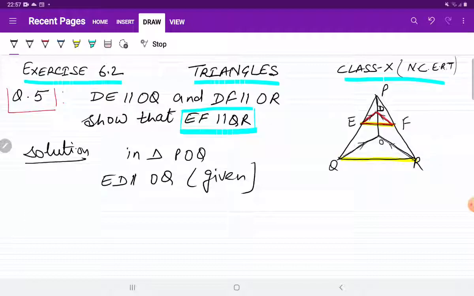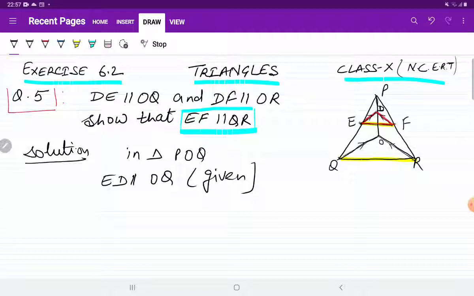If two sides are parallel, which theorem can we apply? We already discussed it in so many questions in my previous lecture. If a line is parallel to one side and cuts the other two sides at two distinct points, E and D, then the other two sides are divided in the same ratio. Which two sides? The side PQ and side DP.